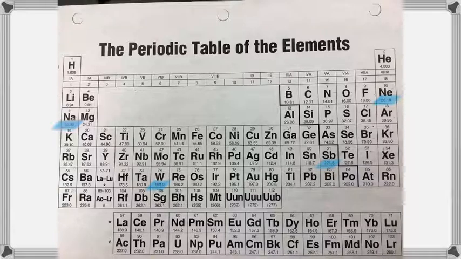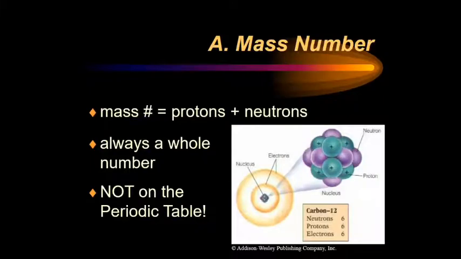But right now, a mass number is concentrating on one isotope of an element, and what that whole number mass is for your protons and your neutrons.